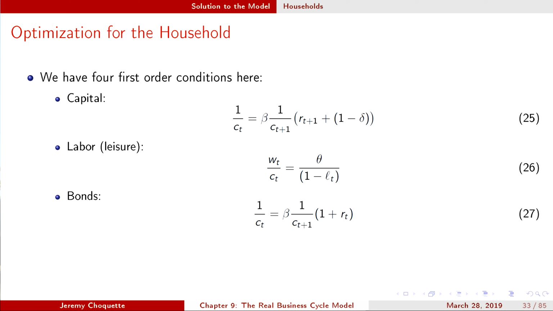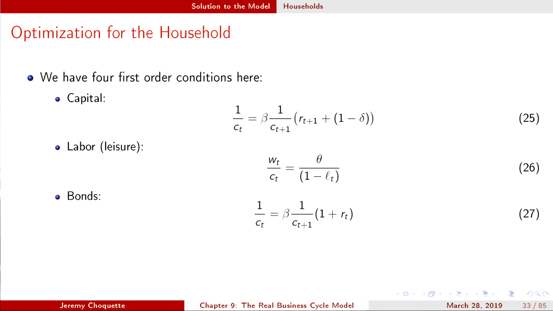Now for bonds, this is the Euler equation for bonds. This is explaining how consumption is evolving over time with respect to changes in bond holdings. This is pretty similar to the stuff with capital holdings, except it's 1 plus just the real interest rate, 1 plus RT, rather than 1 plus R minus delta.